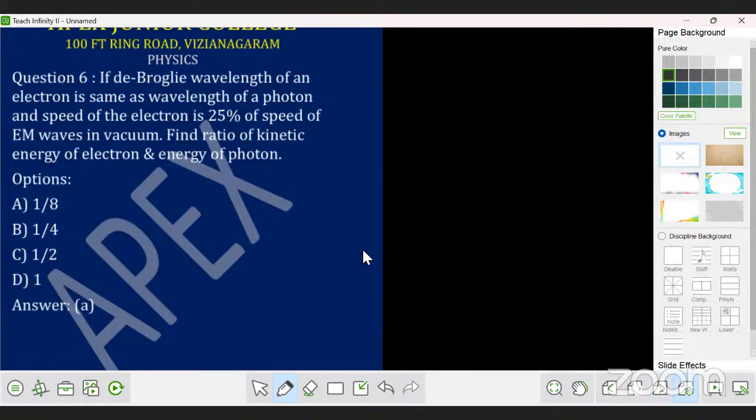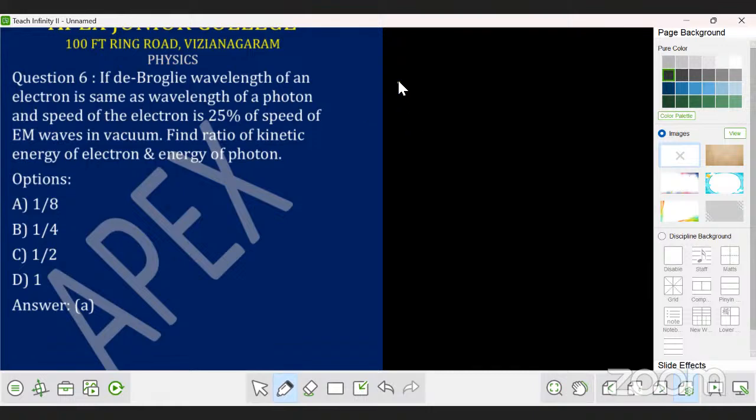Question number 6 only. If de Broglie wavelength of an electron is same as wavelength of a photon and speed of electron is 25% of speed of EM waves in vacuum. First, try to understand the given question clearly. Two things they're asking. One is de Broglie wavelength of electron.